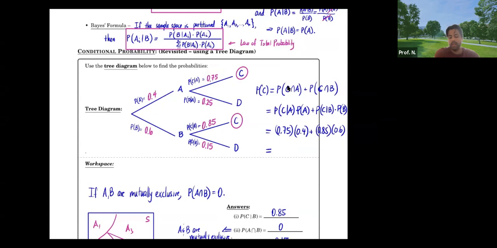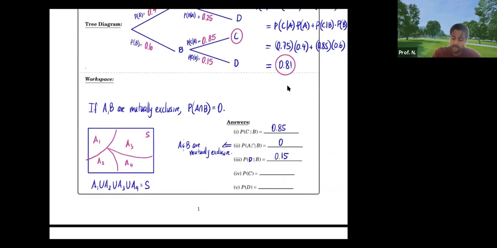So when you multiply those probabilities up, you get 0.75 times 0.4 plus 0.85 times 0.6. And I get 0.81. So that should be the probability of C occurring.